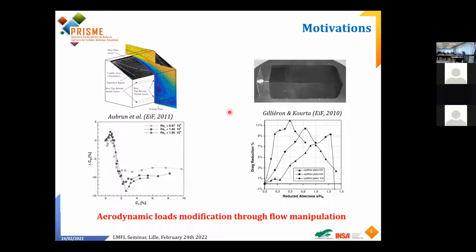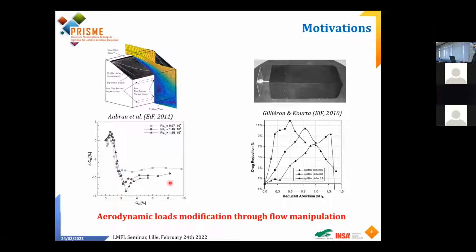Here I'm presenting some studies that we did in Orléans 10 years ago, where we imposed pulsed jets at the back position, for example. And doing this, you can see the drag evolution when we use flow control systems. Zero means there is no change compared to the reference case, whereas going to the negative part, you reduce the drag of your system.